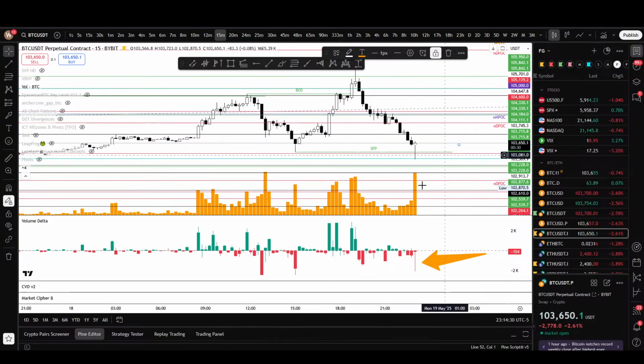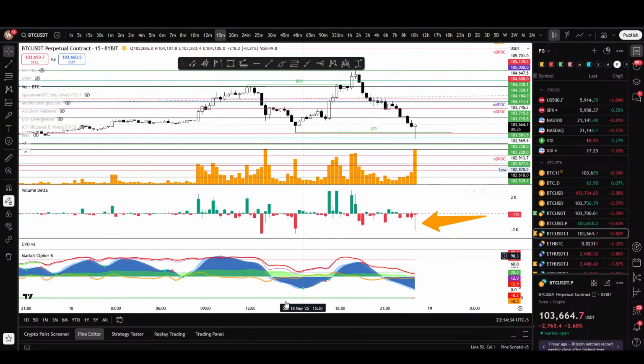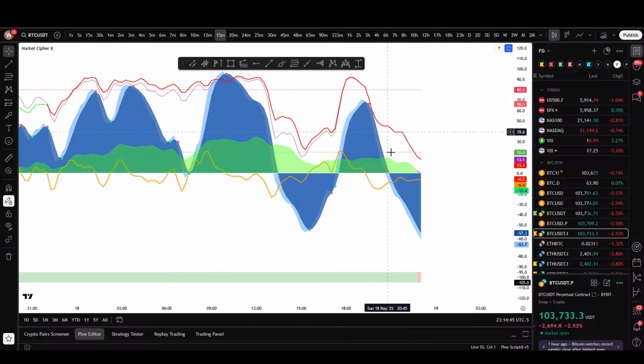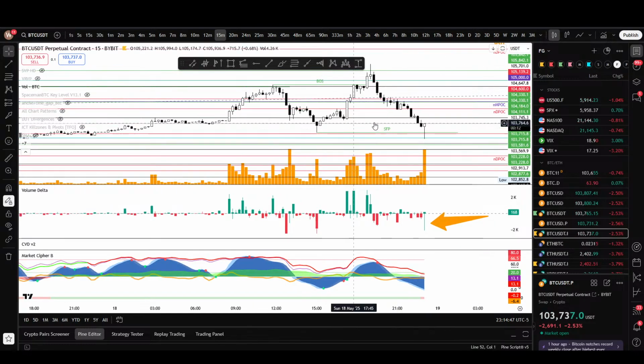I'm looking for an SFP. Also, there's probably divergences here. If it closes back within the range, then there's a hidden bull divergence, but you're also losing money flow. You're losing the 20 line. It definitely looks sketchy, but I don't have any problems with this right now.